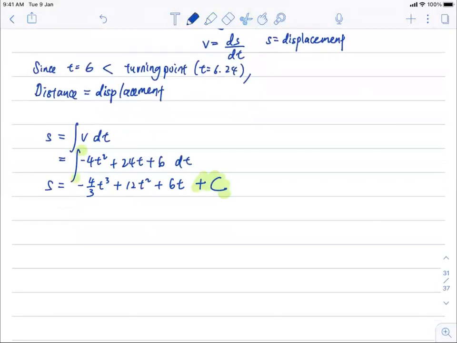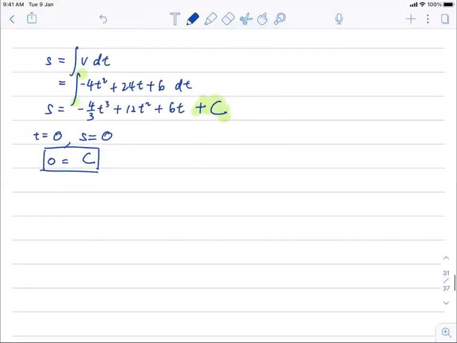Now we want to find what is the value of c. We know that at time equal to 0, the displacement is equal to 0. Hence, substitute in s equal to 0, time equal to 0, so c is equal to 0. With c equal to 0, we can write down the displacement equation: s equal to -4/3 t cubed plus 12t squared plus 6t.